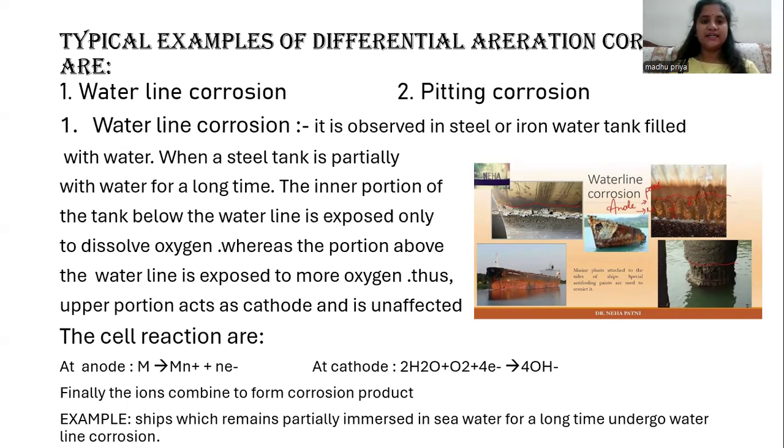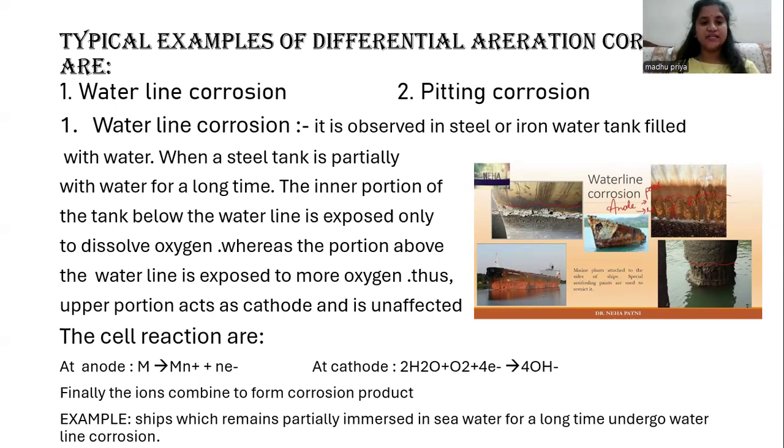When a steel tank is partially filled with water for a long time, the inner portion of the tank below the water line is exposed only to dissolved oxygen, whereas the portion above the water line is exposed to more oxygen. Thus, the upper portion acts as cathode and is unaffected. We can see this in the figure.